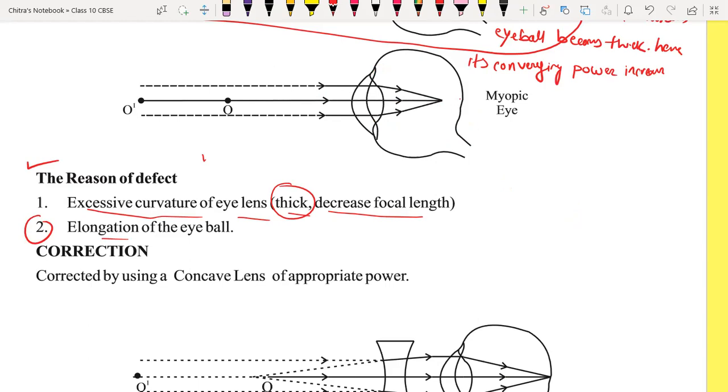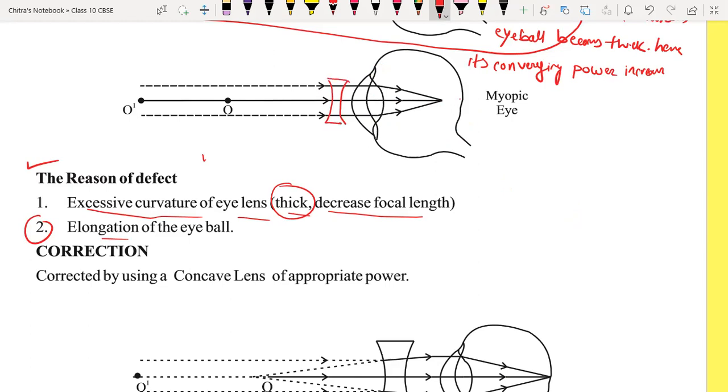Now how can we correct that? Suppose I am using a suitable concave lens over here. The concave lens is also called a diverging lens.